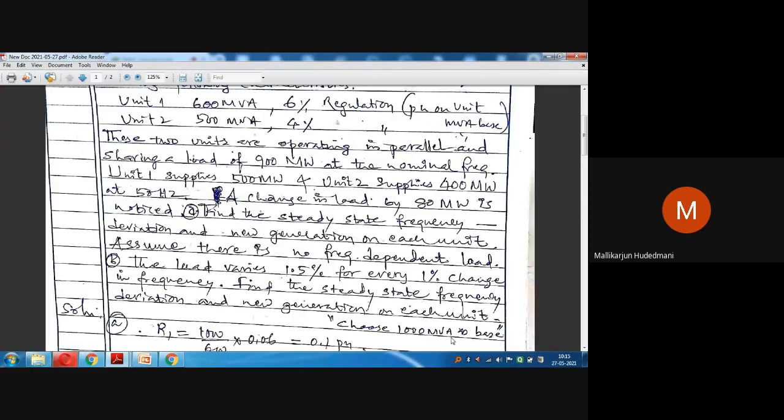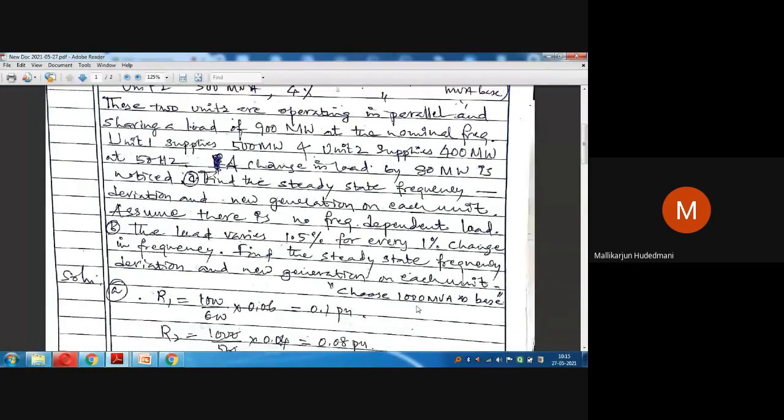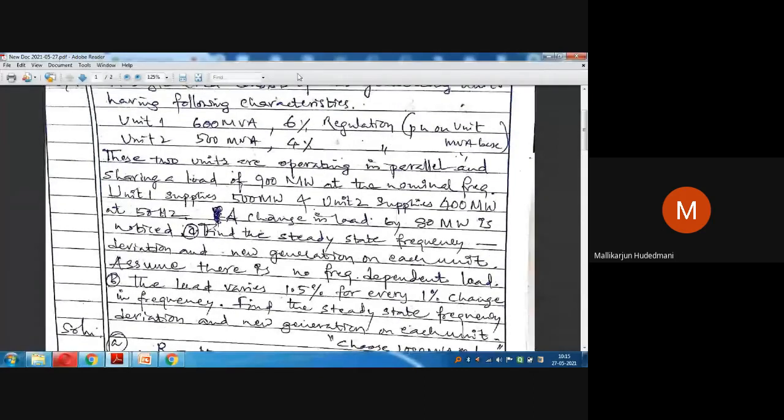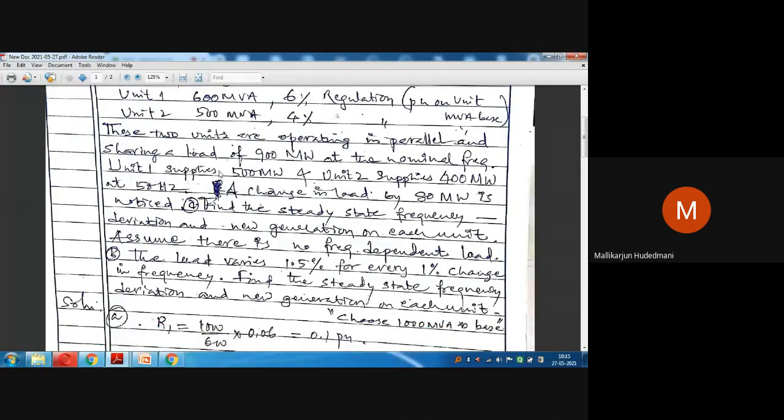So this I must keep in mind. I should not simply solve with a given value and stop. If there is a change in capacity, definitely a new value will be needed, so we should be careful. New base is 1000. Now the first step is these droops I have to shift to 1000 base from 600 and from 500. That's what is being done.